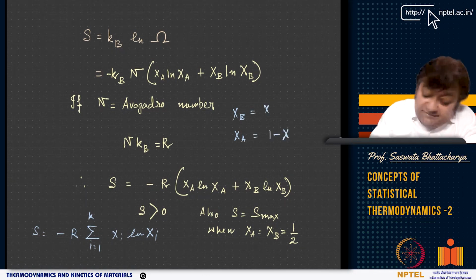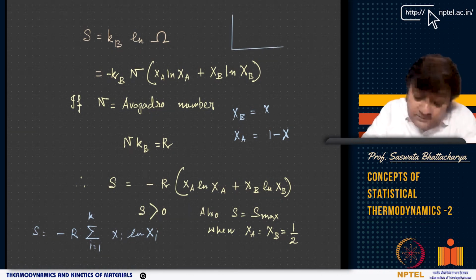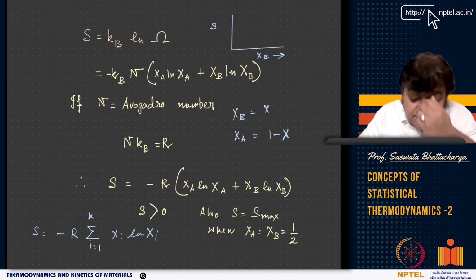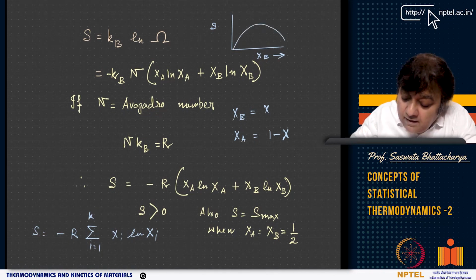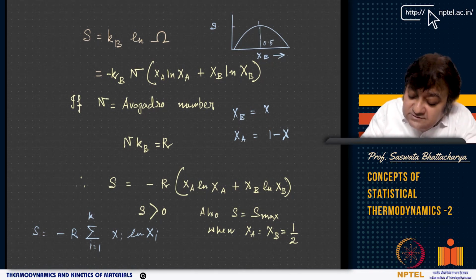If I plot it, and say this is xb, you will see something like this, and you'll see that at 0.5, means x equal to 0.5, you get S equals S max.